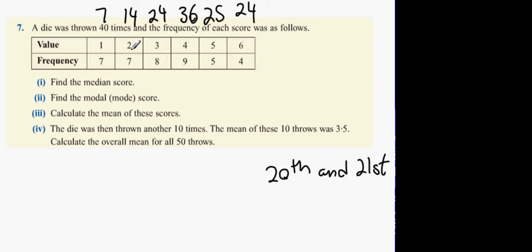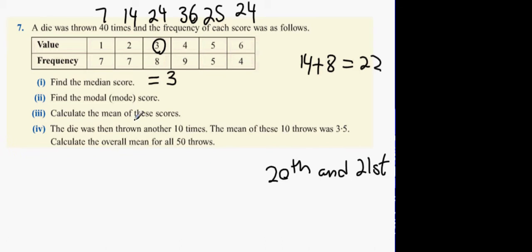The next 7 are located in 2. The first 14 are located in 1 and 2. But 14 plus 8 is 22. That means numbers 15 to 22 are located in the number 3. Because these numbers include 20 and 21, the median score is 3 because it contains the 20th and 21st person.